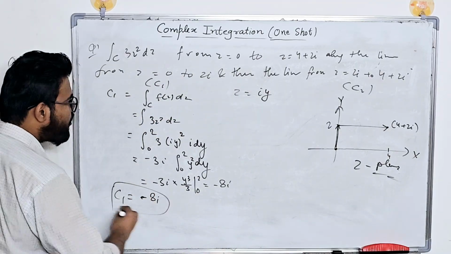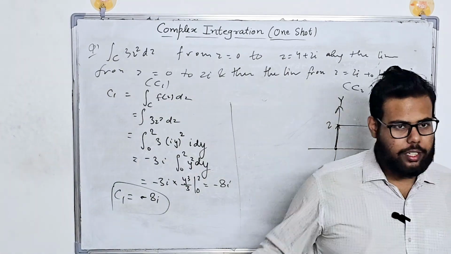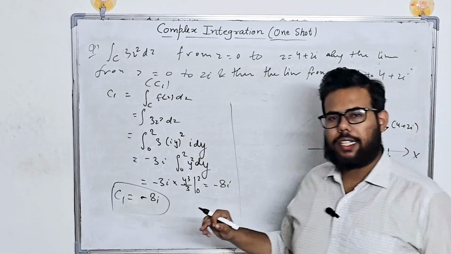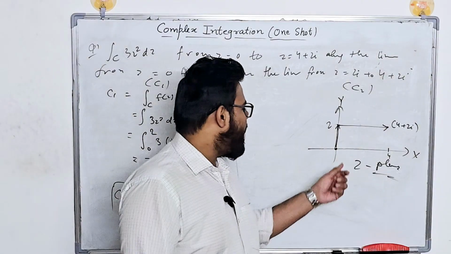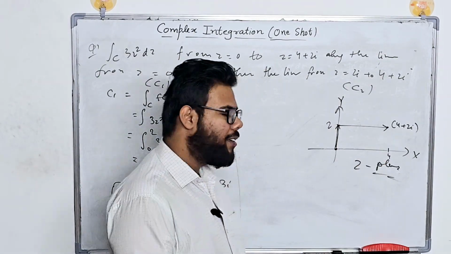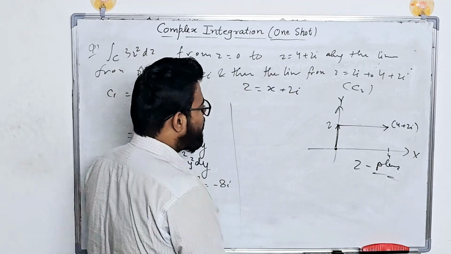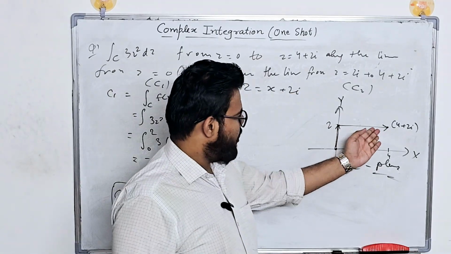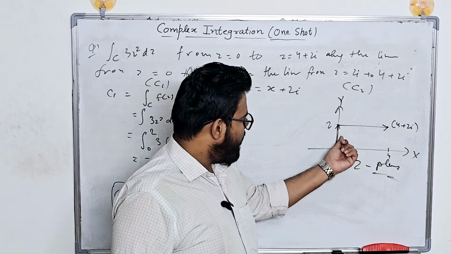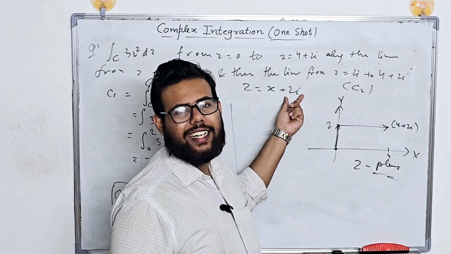Okay. Now for C2, what is the expression for the curve in this? Well, it will be z is equal to x plus 2i, because it is already at 2 units along the y axis, so of course we have to add 2i, right?